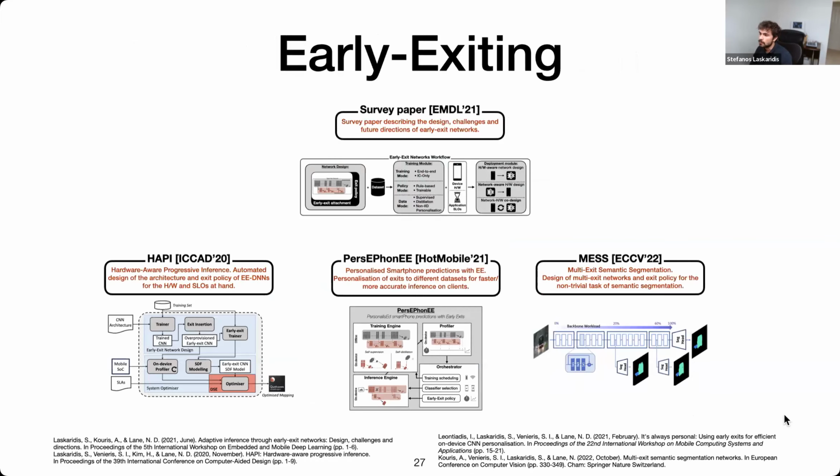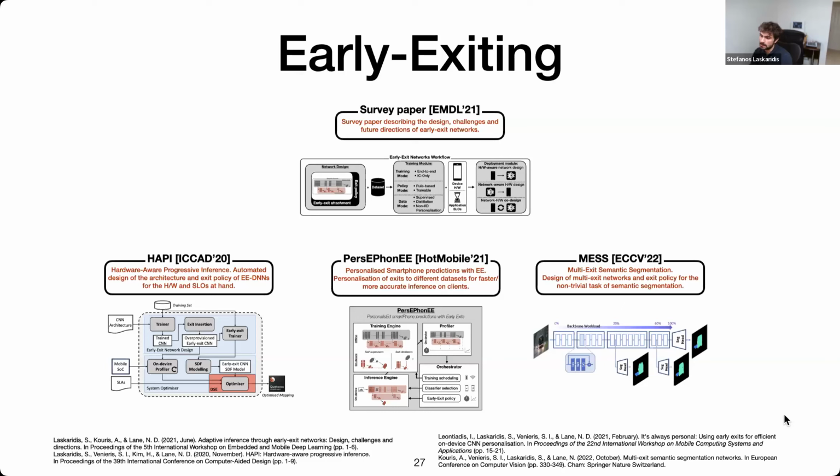In terms of dynamic workloads and early exiting, our group has published several lines of work, including a survey paper on various applications of early exit networks in the literature, spanning also across transformer architectures. Happy was the first line of work that we did, and was implementing a hardware-aware design of the architecture and exit policy of early exit deep neural networks.